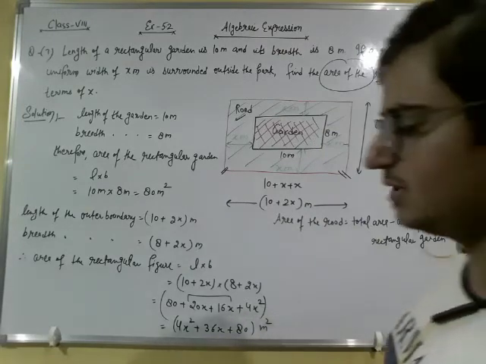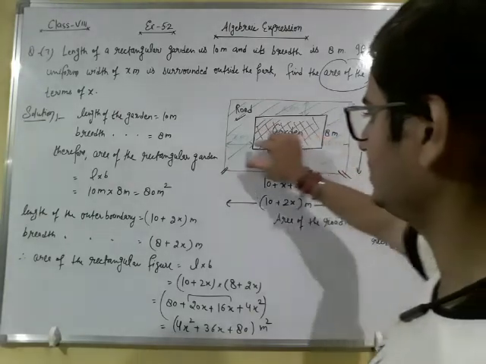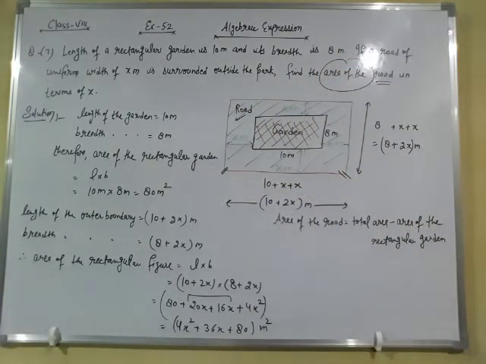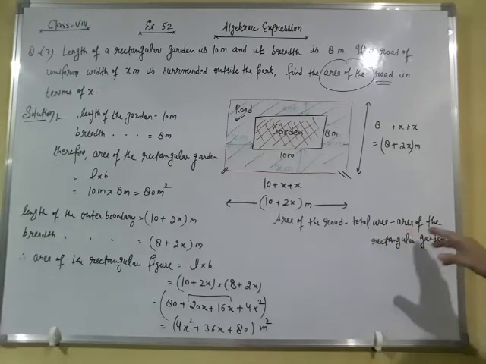Suppose with the help of scissors I have cut down this area. So what area will be remaining? The remaining area will be the area of the road, which we have to find. So the total area of the road will be equal to total area minus area of the rectangular garden.